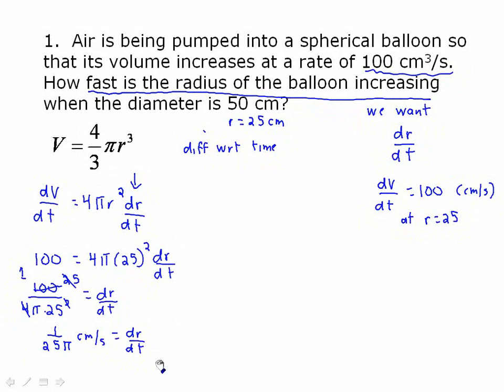Unless it states otherwise that you should round, assume that it's going to be an exact value. So we now can say that the radius is increasing at 1 over 25 pi centimeters per second.